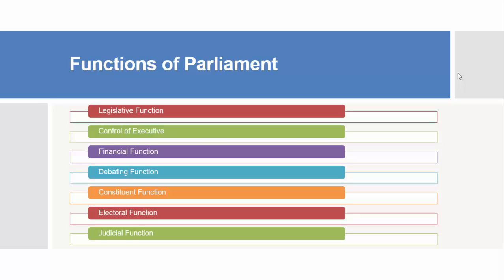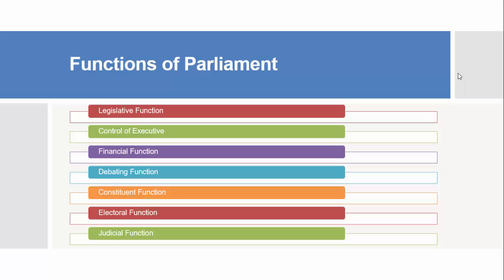Control of executive. The Council of Ministers is responsible to Parliament, that is Lok Sabha. The Parliament controls executive through different ways, that is deliberation and discussion, no confidence motion, financial control.